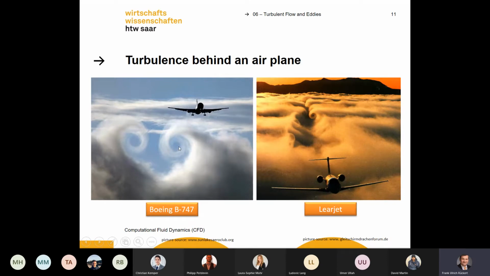Or you can see it here, you can also see swirls. And the swirls influence the fluid flow. This is also a special picture. Normally it is really difficult to make such a good visualization of the swirls.